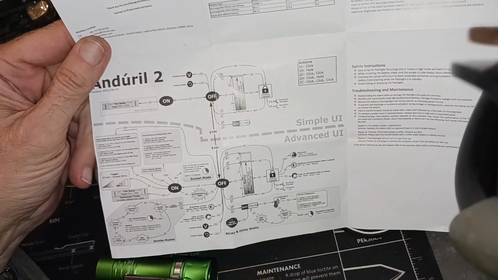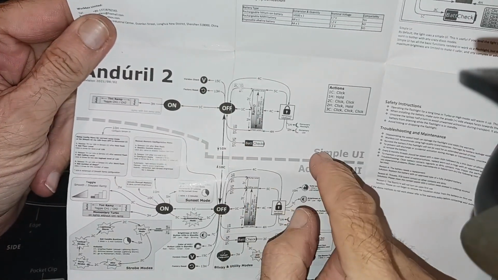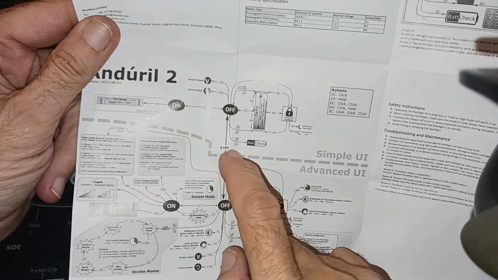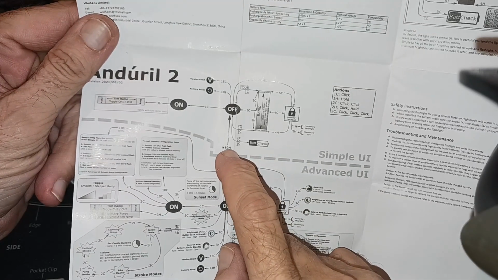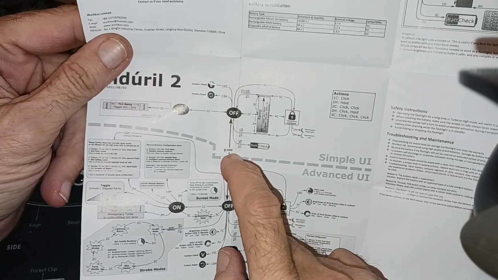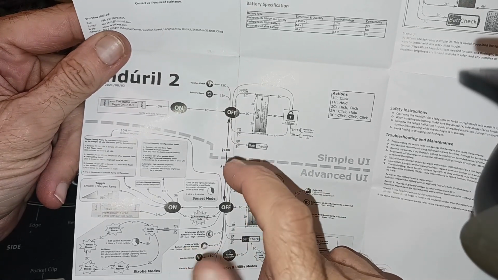You're learning a different language on this one. All right, so it comes in simple user interface. How do you get out of simple user interface? 10H. So that's 9 clicks, and then on the one that's supposed to be 10, you hold.